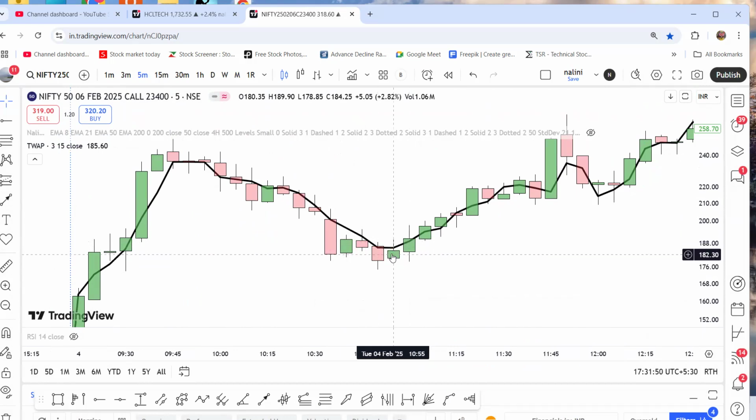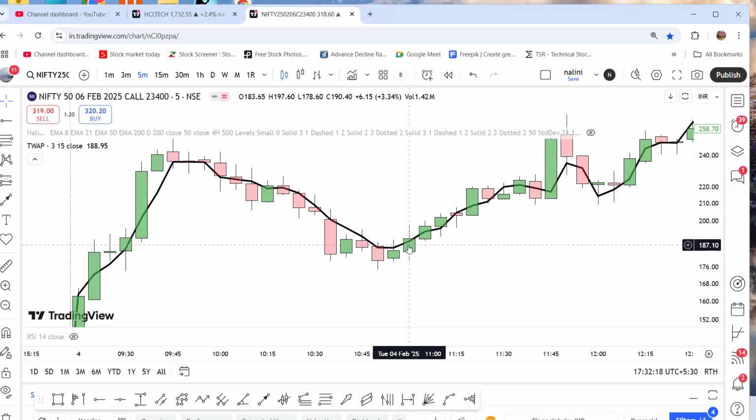So you need to wait for the candle close. Let the price be a little bit more than what you are entering. Even though it popped up, it has not closed above this. The closing is below 184 and the TWAP reading is 185.6.